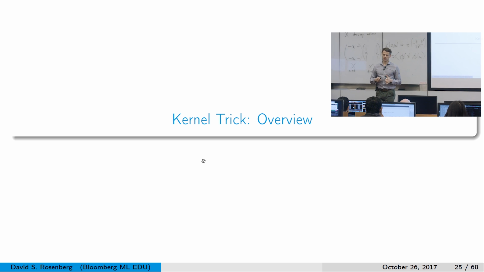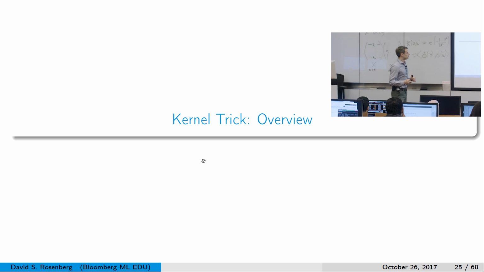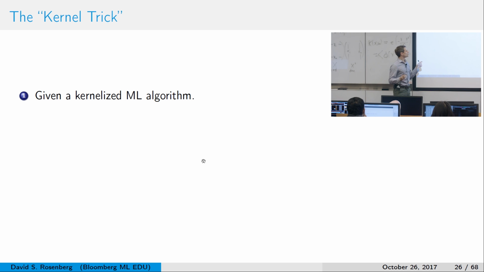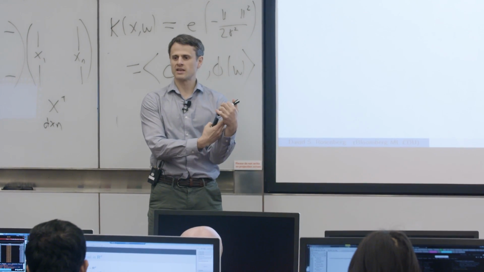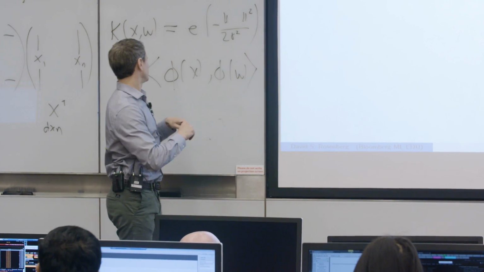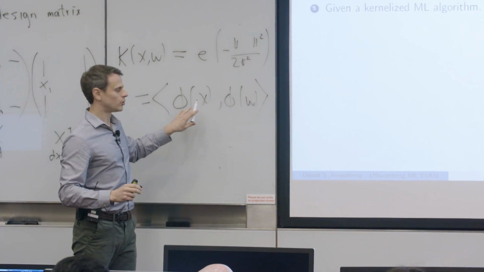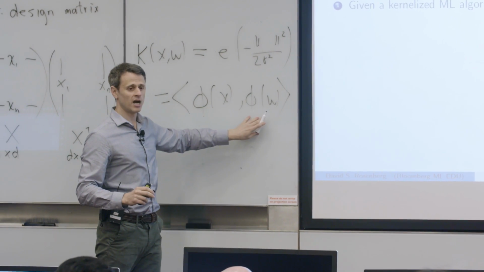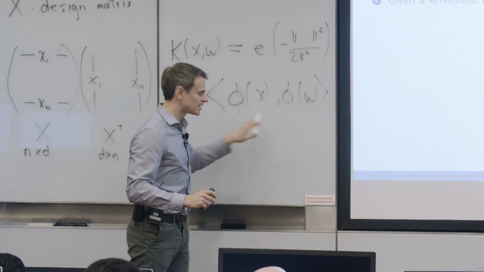Okay. So let me just give an overview of this thing that people call the kernel trick. We've spoken around it. So we start with a kernelized machine learning algorithm. Remember, that's where every reference to an element of the input space X is featurized, and then it only shows up in a pair with another featurized input vector, inside of an inner product.